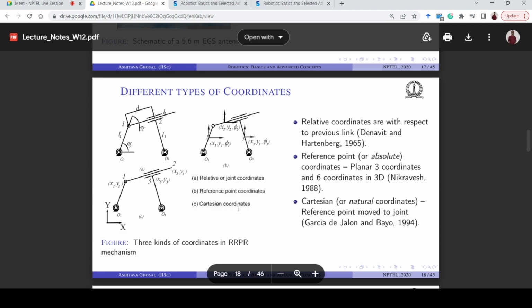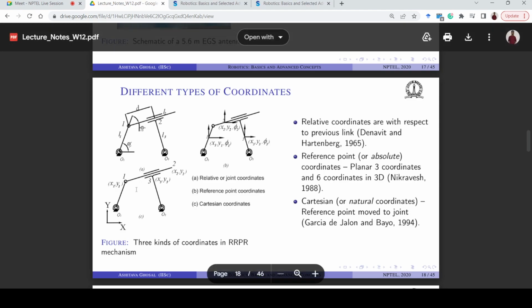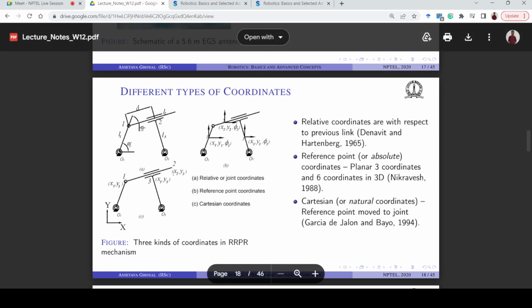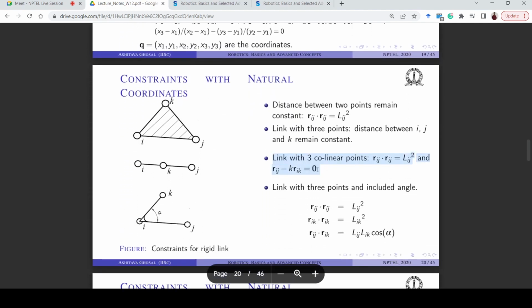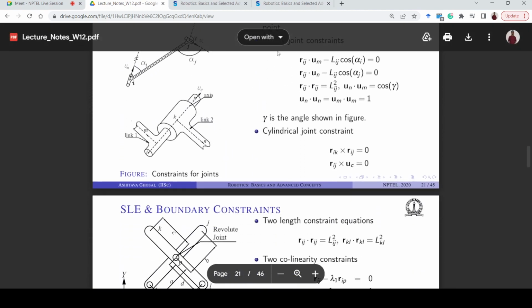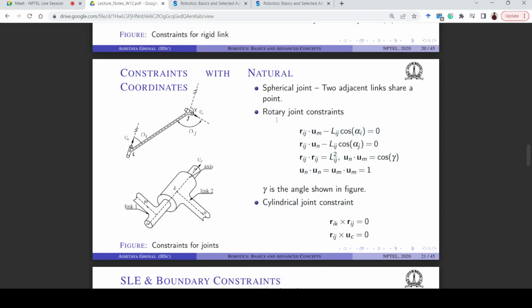When you take Cartesian coordinates, it becomes really easy to define the length between the origin, let's say O1, and the joint x1 y1 as a length constraint, or the angle between x1 y1 and x2 y2 as another constraint, the joint constraint, because this line will always be along this joint. These kinds of constraints are easily written in Cartesian or natural coordinates, whatever you want to call it. This is just how you write the constraint equations for some of the constraints.